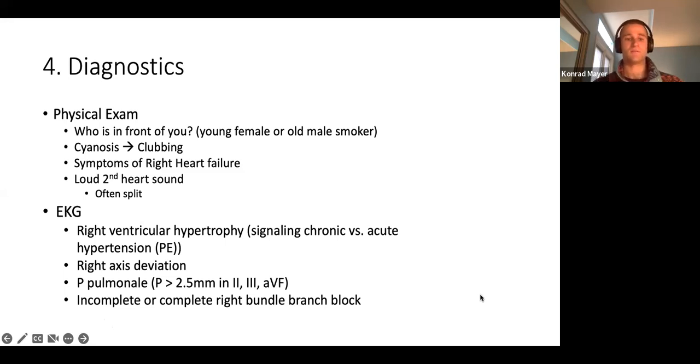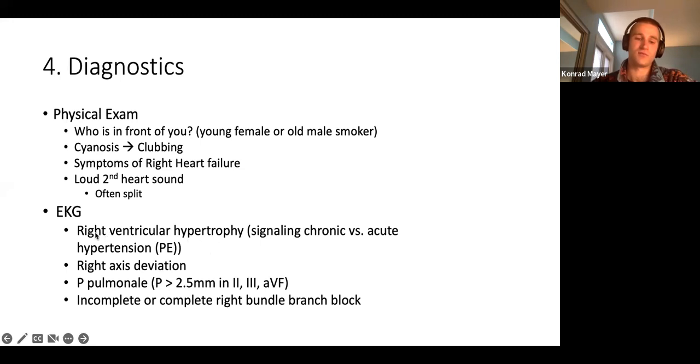So besides the basic physical exam, an easy tool to evaluate for the consequences of chronic pulmonary hypertension is using an EKG. The signs that I'm about to go into on the EKG are signs of chronic right ventricular hypertrophy.